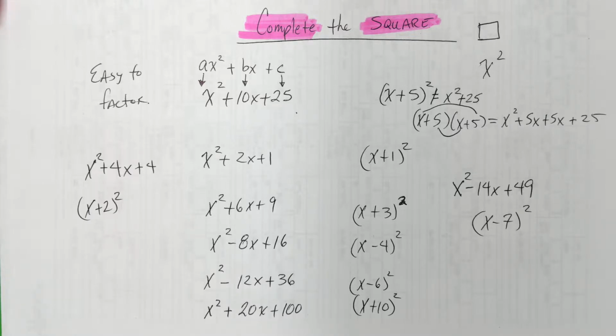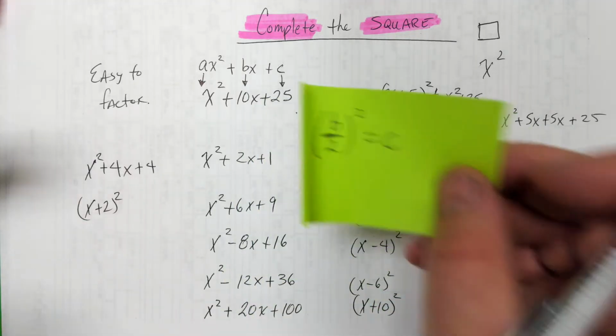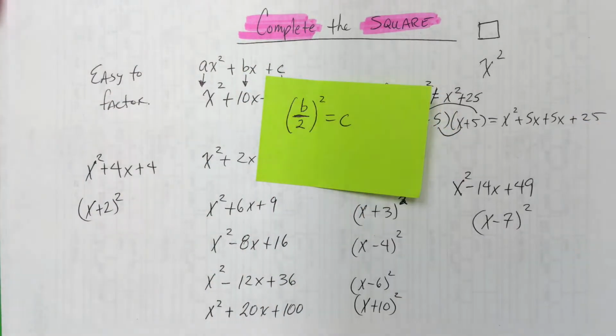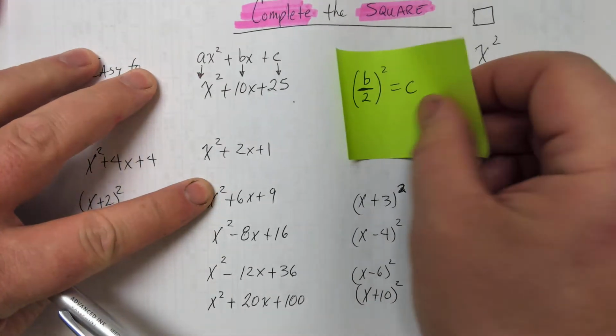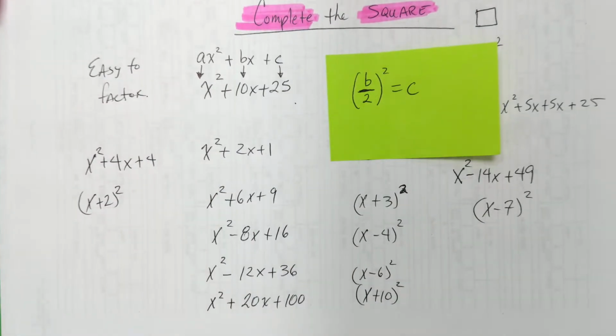Check this out. Here's the relationship. Are you ready? I put it on a post-it note. Here's the relationship for all perfect squares that are quadratic. If you take half of b and you square it, it equals c.